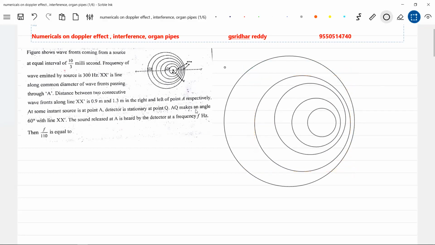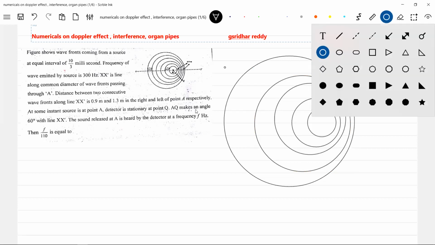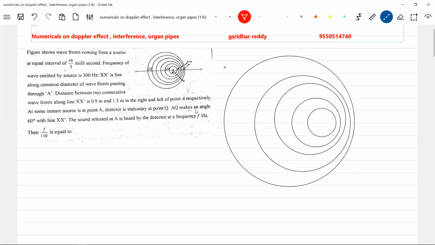Okay, so this is the thing. Now we'll take this reference line. That is what XX dash is telling. So what is this distance? This will be a constant. So how much is it? 1.3 meter. What about this? This will be 0.9.